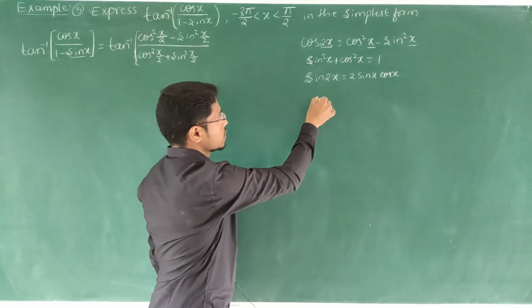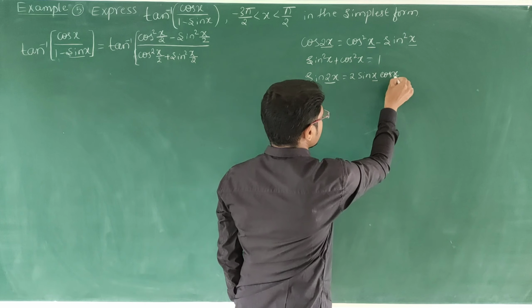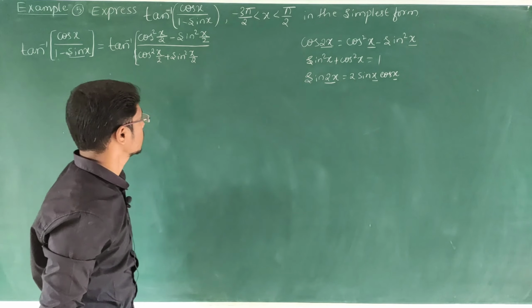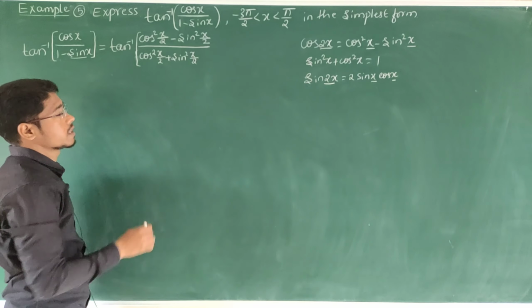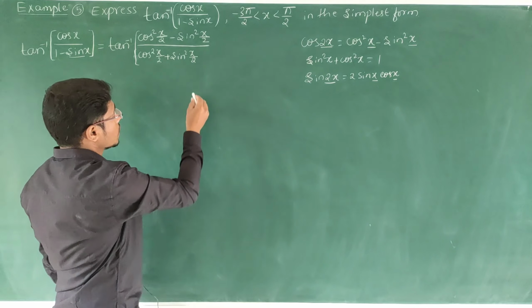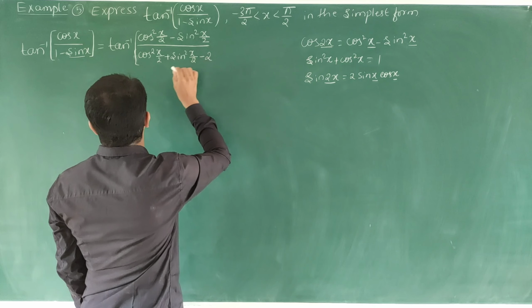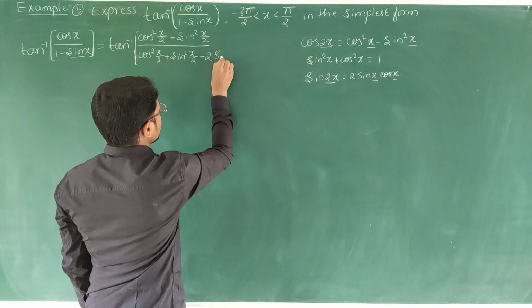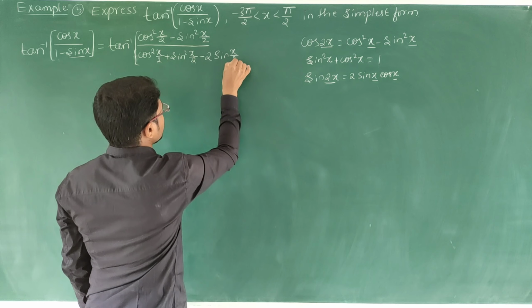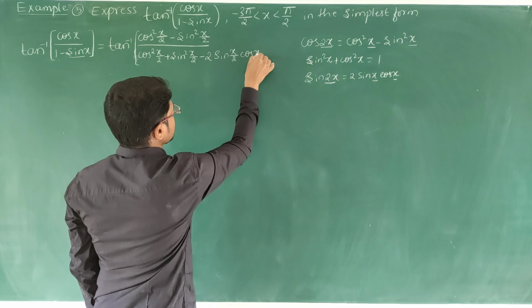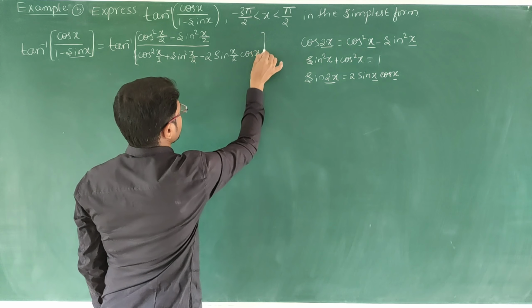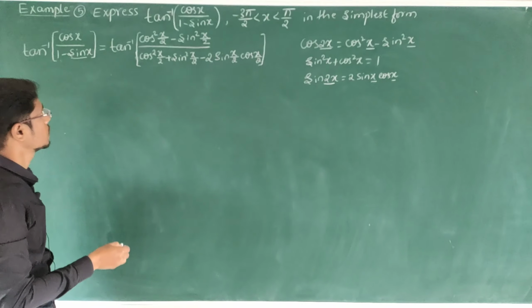So this is double, single. In the same manner sin x is there, I will write it as half, that is minus 2 sin x by 2 cos x by 2.